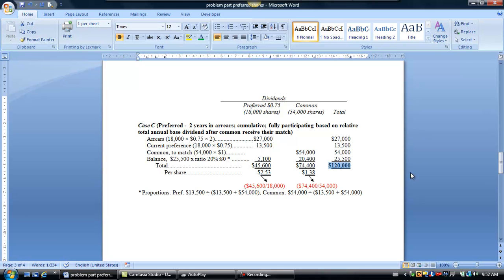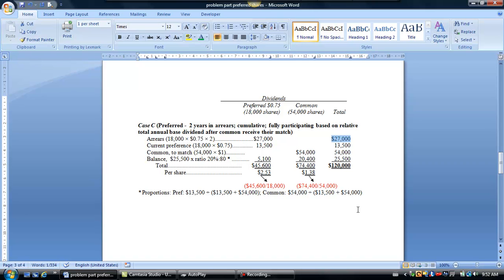Well, the first thing we need to do is let's clear up those arrearages, right? So in arrears, we have 2 years for the preferreds, and again, because they're cumulative, we got to clear up the arrearages. 18,000 shares, 75 cents a share is the stated dividend. So 27,000 of that 120,000 is going to be allocated to the arrearages on the preferred shares.